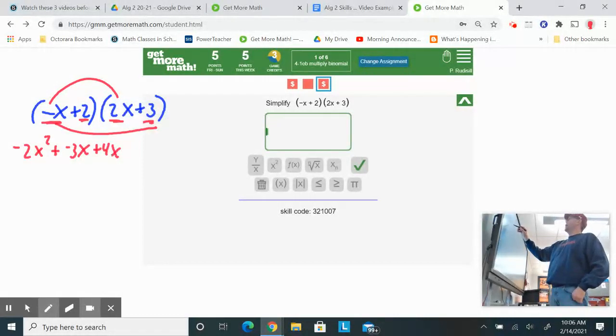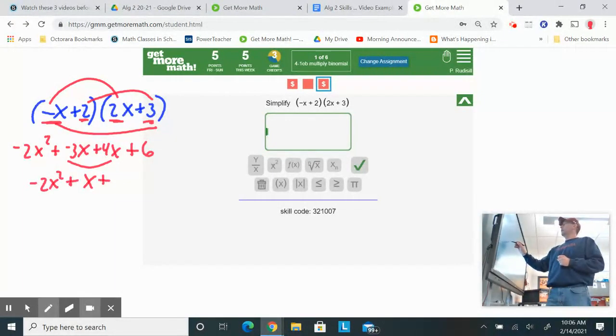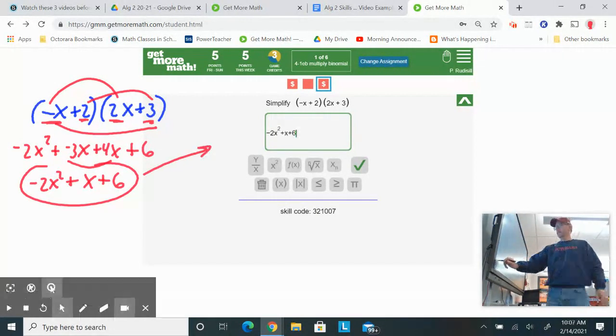And then the last, 2 times 3 is 6. I have like terms: negative 3x plus positive 4x. Add the coefficients: negative 3 plus 4 is positive 1x, or just x. I have no other like terms, so I'm going to transfer this over here.